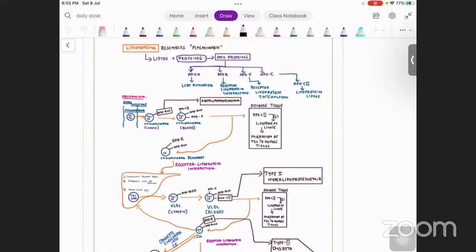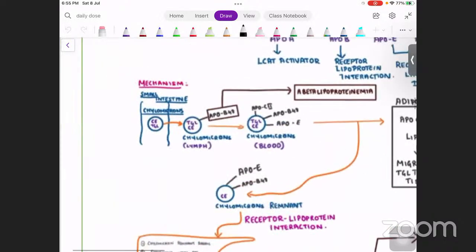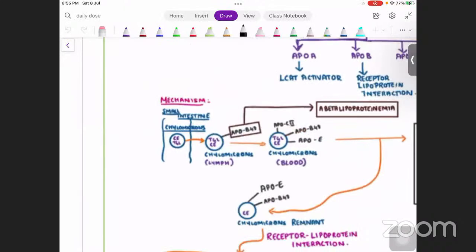Yes or no? Inside the small intestine, all the dietary lipids will be packed inside a bag called chylomicron. Now this chylomicron is a bag which stays in the intestine, and it has to come out of the intestine.